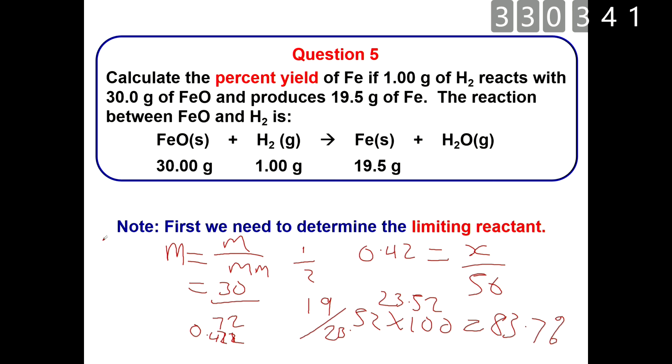This is the actual mass. Then you calculate the percentage yield: actual mass over theoretical mass times 100. Any questions now?